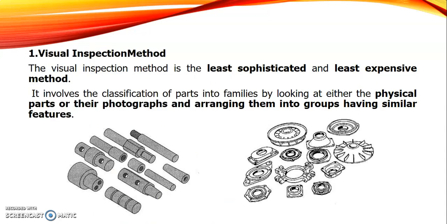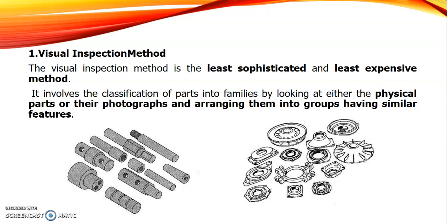The first method, the visual inspection method, is a simple and economic process in which parts are identified by looking at the physical parts, which are photographed and grouped together to form a part family. You can see two images, two different types of parts, but they have similarities in the same material, same dimensions or same machinery.